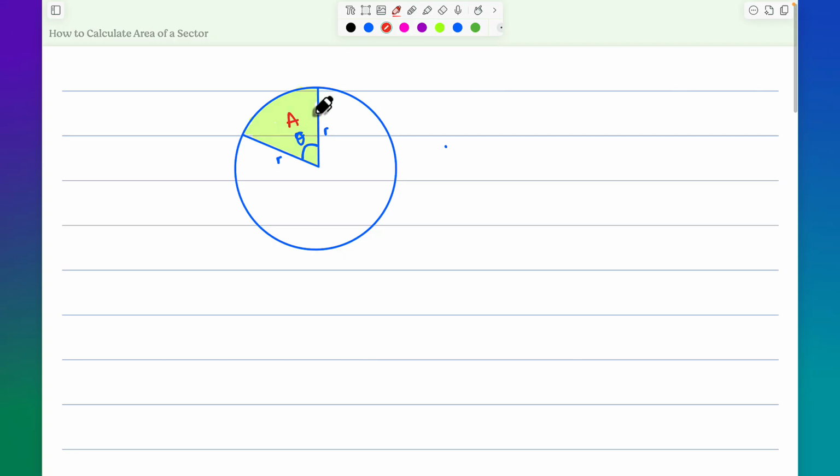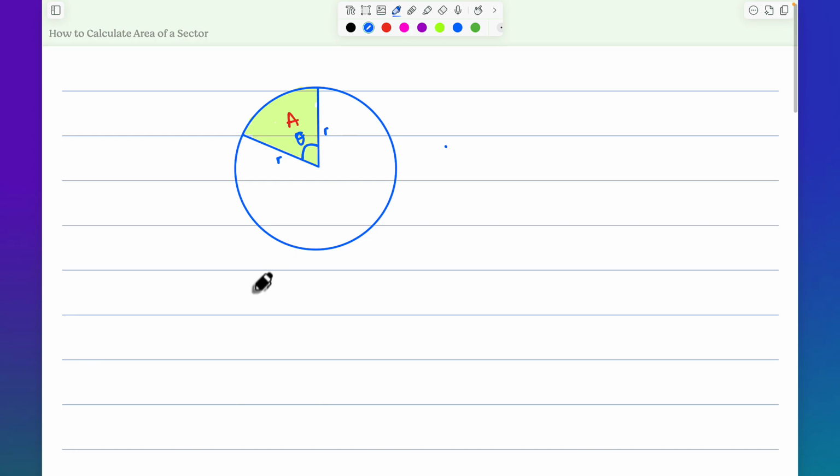Now, our understanding of what formula we're going to use comes from ratios. We know that usually, to calculate area, we say pi r squared.